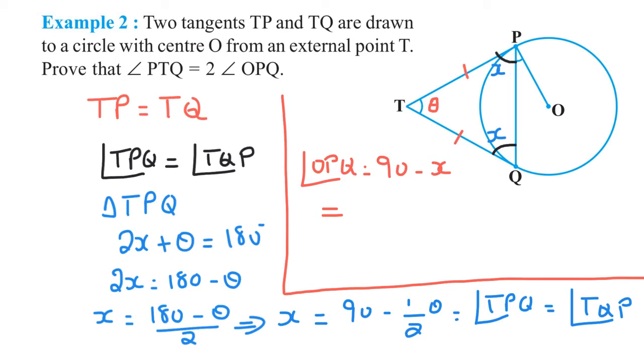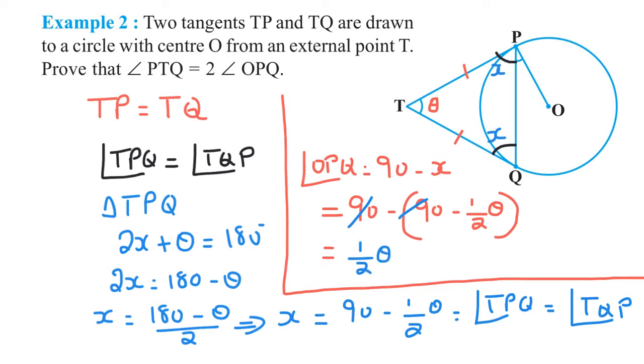So, we can fill in the value of x over here. 90 minus x is 90 minus (90 minus half theta). Open the brackets. 90 minus 90 gets cancelled, and this is going to be equal to half theta.